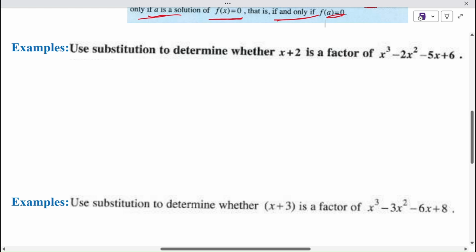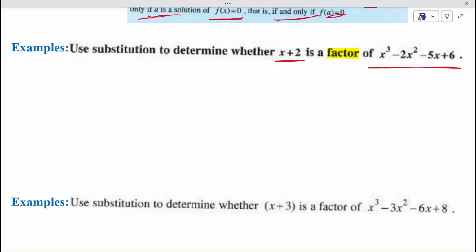This example says, use substitution to determine whether x plus 2 is a factor of this polynomial. Here we have this polynomial. Okay, how can you know this is a factor or not? We have to find out at the first. Write a note with me. For finding out the factor, you have to find the value of x here.